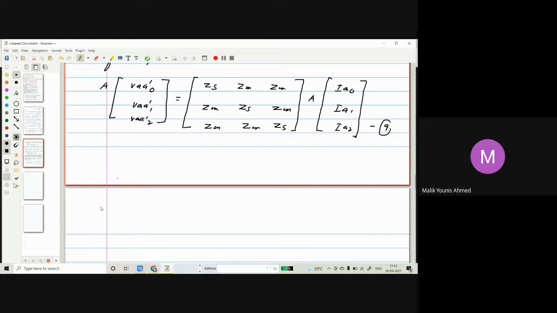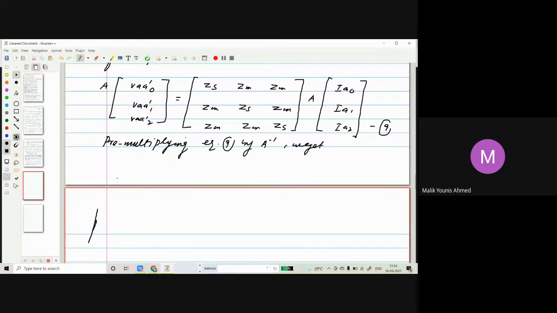Okay, pre-multiplying equation 9 by A inverse, let us see what we get. So I told you, any matrix multiplied by A and its inverse gives a unit matrix, and a unit matrix multiplied by any other matrix gives the value of that matrix. So this is the way.